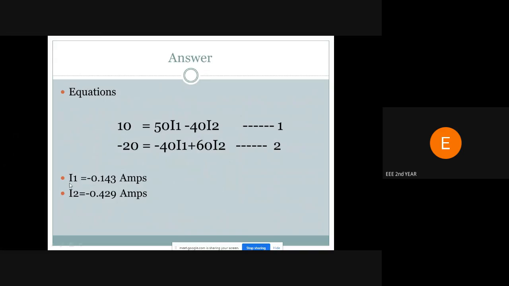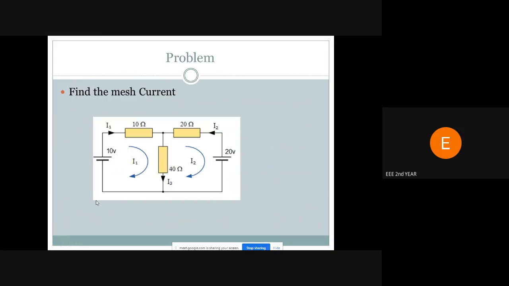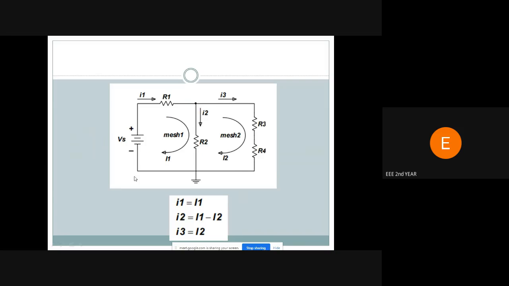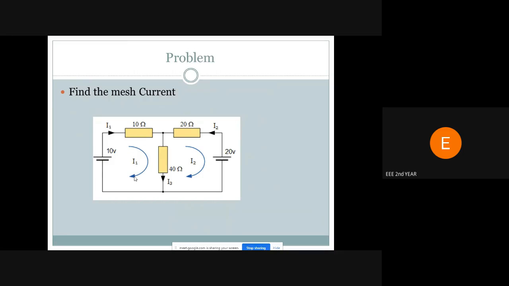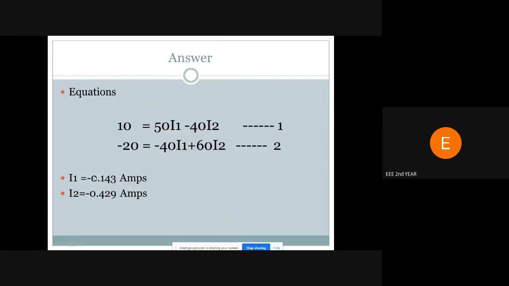So see here, I1 is minus 0.143 and I2 is minus 0.429 ampere. It means that the current we just took as flowing in the clockwise direction, we assumed that direction, but as per the solution, the answer is given as negative.